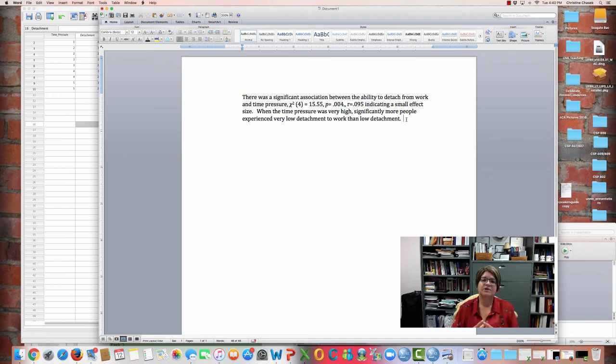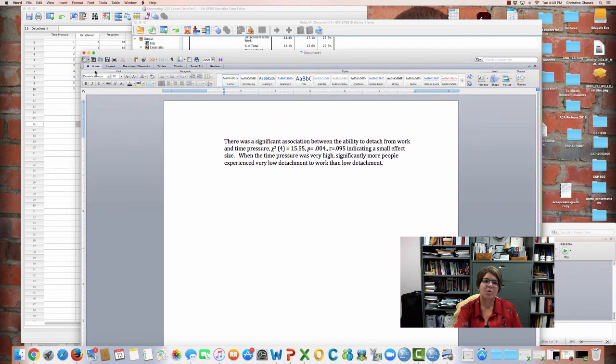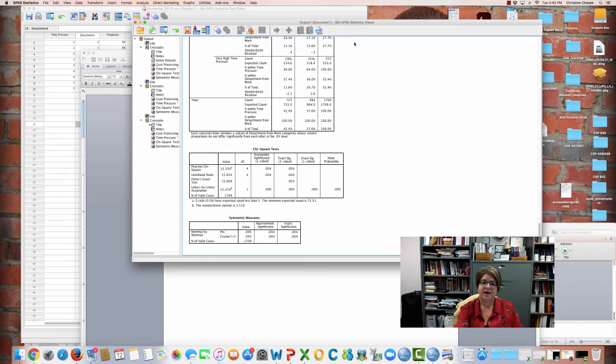When the time pressure was very high, that's where we saw the significance, significantly more people experienced very low detachment from work than low detachment. So we had more people experience very low detachment than low detachment when they're in this high time pressure.